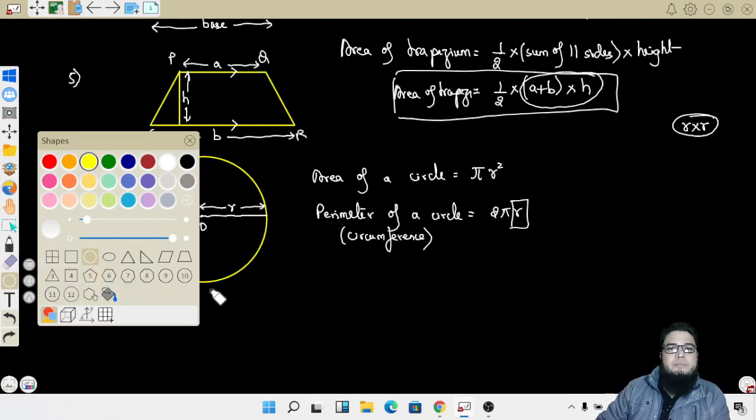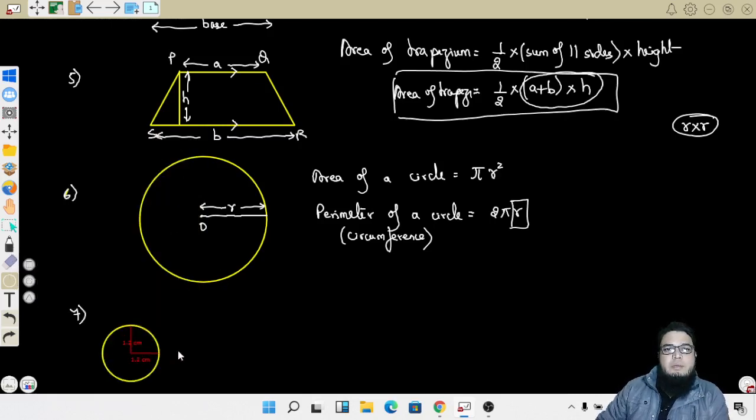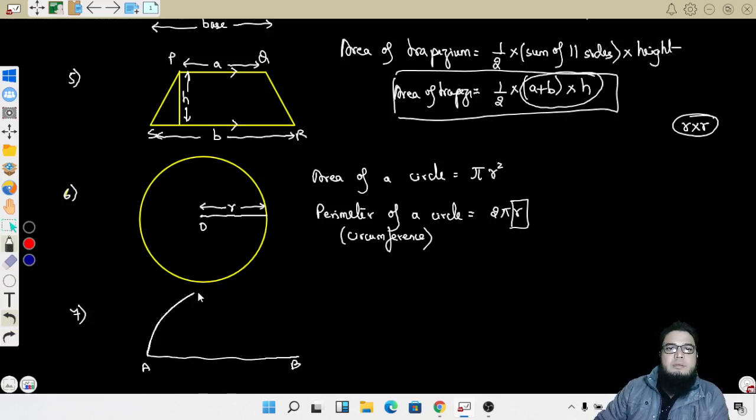This is AB, and this is the circle, this is a semicircle.